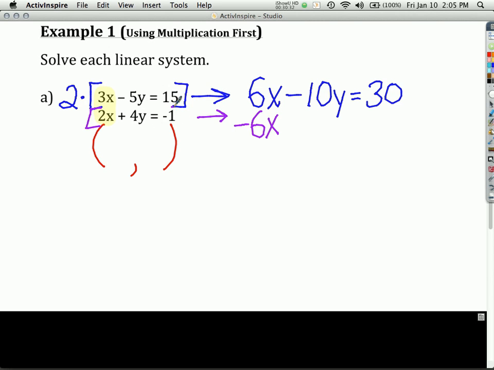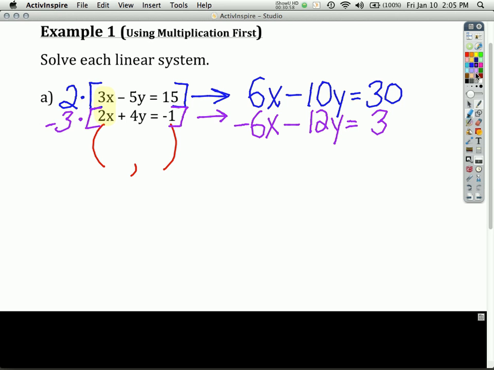So I'm going to multiply the entire second equation times negative 3. And now I will get my negative 6, but now I have to multiply times everything, minus 12y equals positive 3. Now I have achieved the goal of opposites. They're right here. This is what I was trying to do.